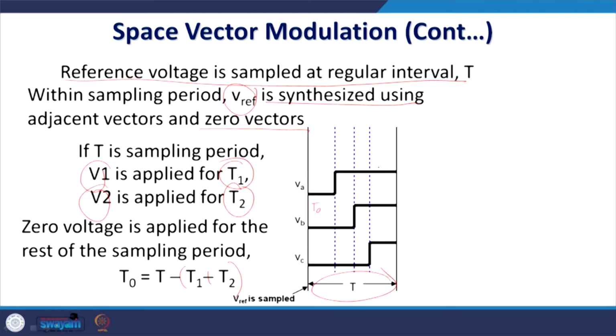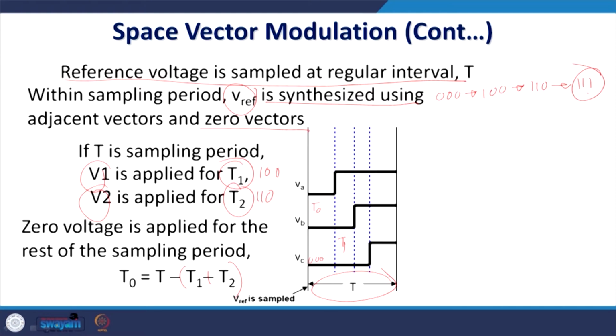Thereafter, as I see that this is 1 0 0, thereafter 1 1 0, that means after a time interval T1, this V B will go high. Since it starts from 0 0 0, we want to have a 1 bit change. So, it will start from 0 0 0, thereafter it will go to 1 0 0, then since it is a 1 bit change, it will be 1 1 0, thereafter it should go to 1 1 1 to incorporate the null vector.